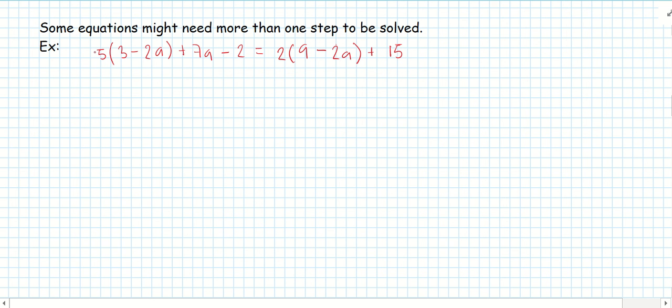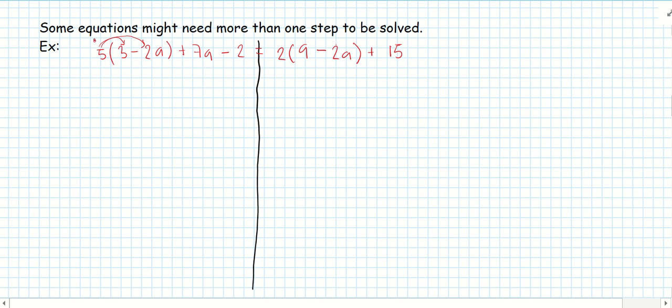Okay, so notice how we have 5 parentheses 3 minus 2a. That means there's going to be some sort of distribution right here, the distributive property applying. And then we have 2 parentheses 9 minus 2a, again, another part of a distributive property. Now, what I'm going to do first is the same thing that I did before. I'm going to draw a line where the equal sign is. There, okay. So, if I distribute 5, remember 5 will multiply 3 and it'll multiply the negative 2a.